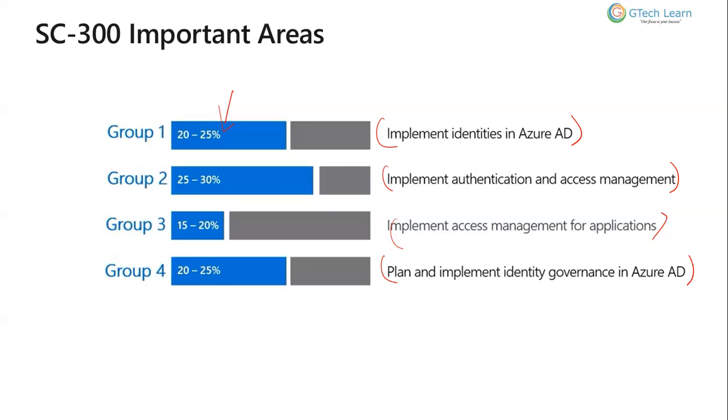So from that specific area of study, we are going to see 25 to 20% of the question weightage inside our examination. So the higher the percentage of an area, the more questions we are going to see in the examination. So those are the important areas in which we need to prepare ourselves if we want to crack the SC-300 examination.